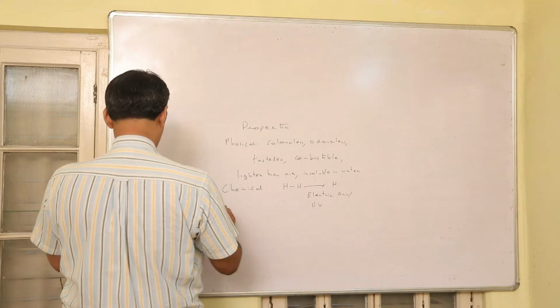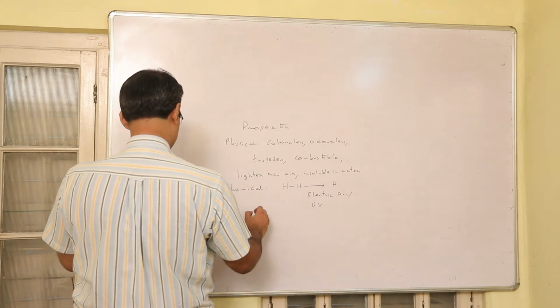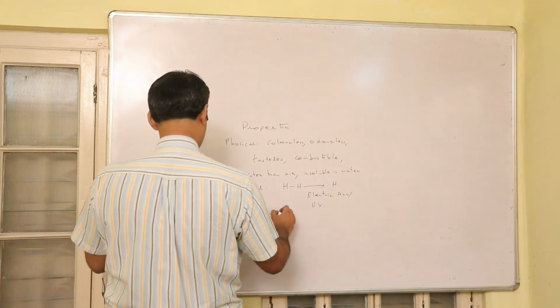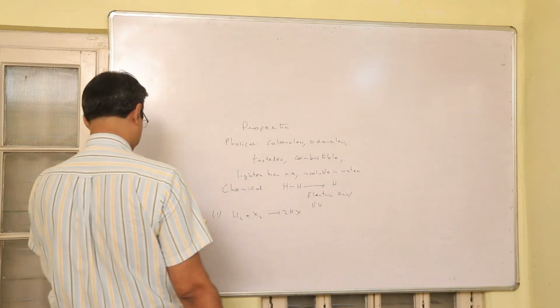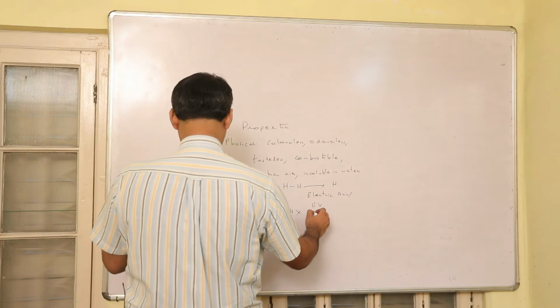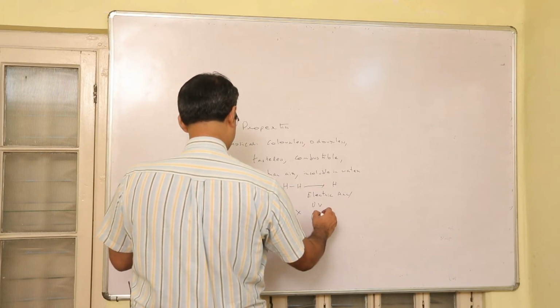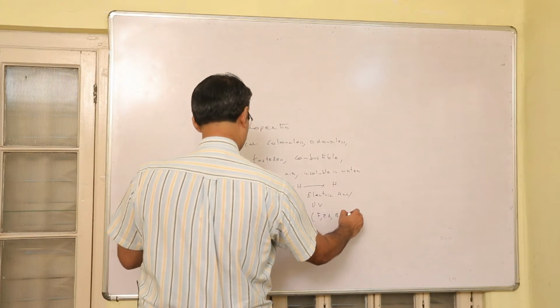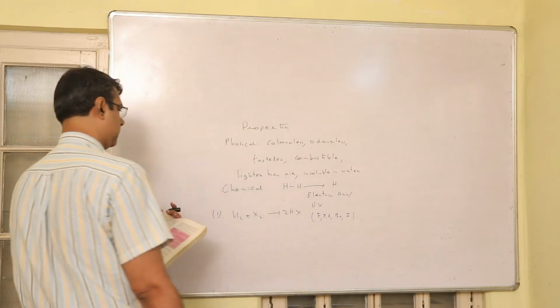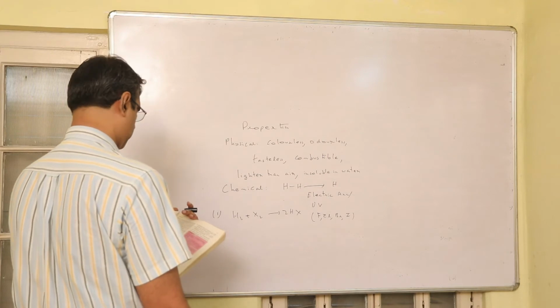Now, what are the reactions of hydrogen? First of all, it reacts with halogens to form halides. Now, the halogen in this reaction can be fluorine, chlorine, bromine, or iodine.